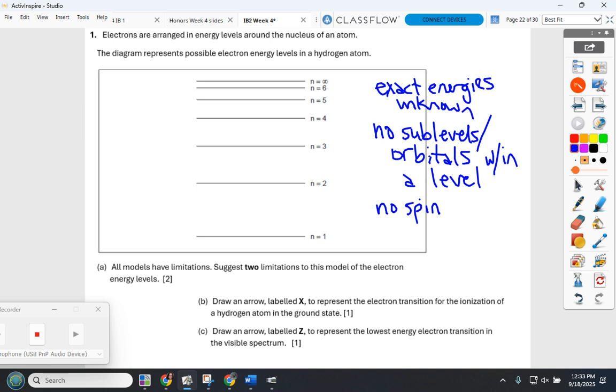Here it actually said suggest 2 limitations, but even if it just said suggest limitations and it was 2 points, that probably means they want you to put 2 things together. If you only think of one, write the one, because that's one of the points. So don't cheat yourself because you can't think of 2, but realize that that's what's happening.